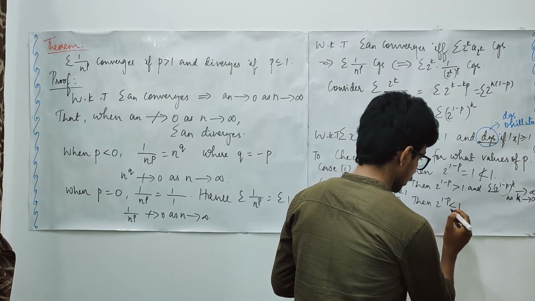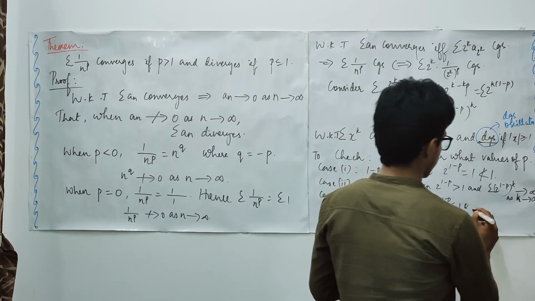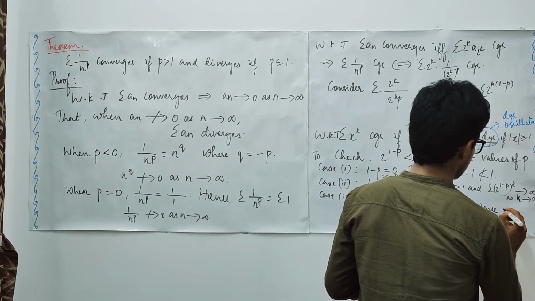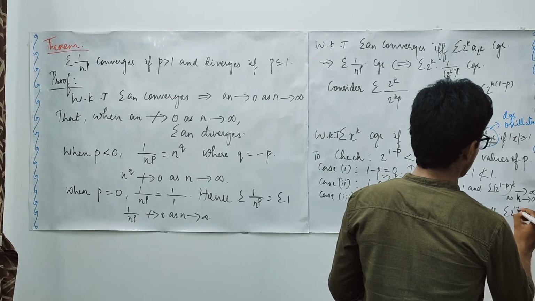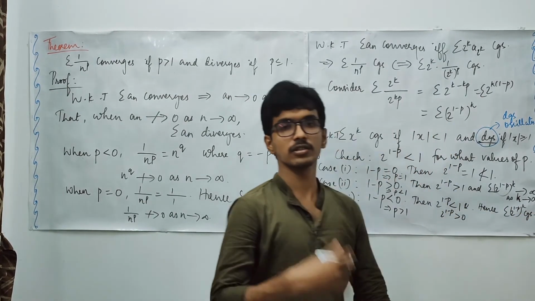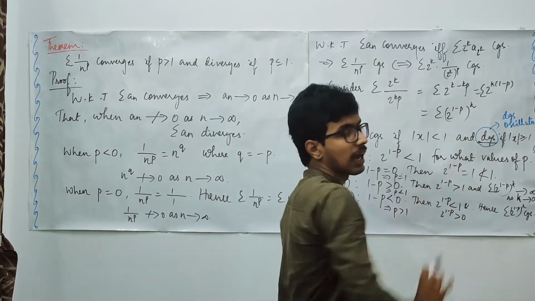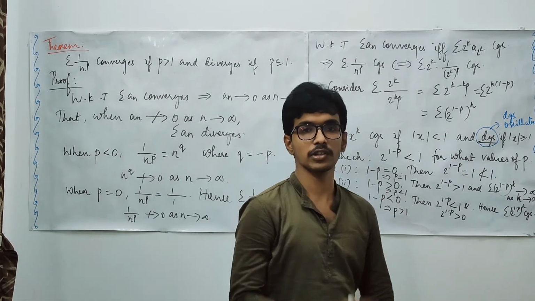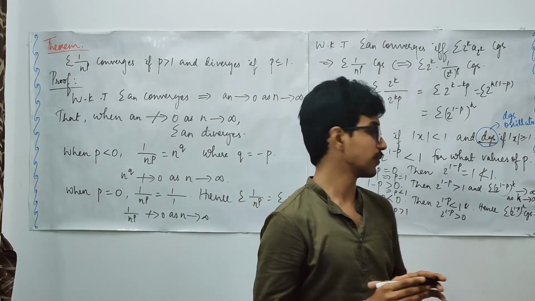This is less than 1 and this quantity is bigger than 0 as well. Hence, in this case, your summation 2 power 1 minus p whole power k converges. Converges to what? If you take this as your x value, it is going to converge to x upon 1 minus x. That we have seen in the previous video itself.